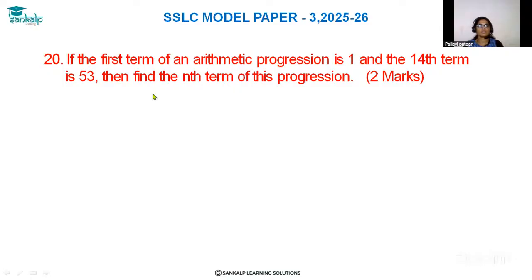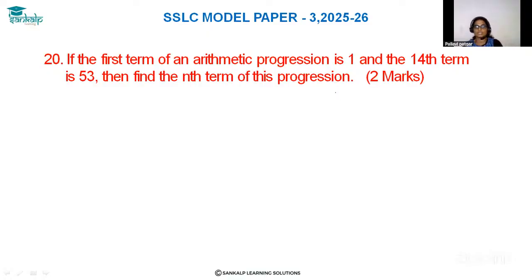Hello everyone. Look at question number 20. If the first term of an arithmetic progression is 1 and the 14th term is 53, then find the nth term of this progression.